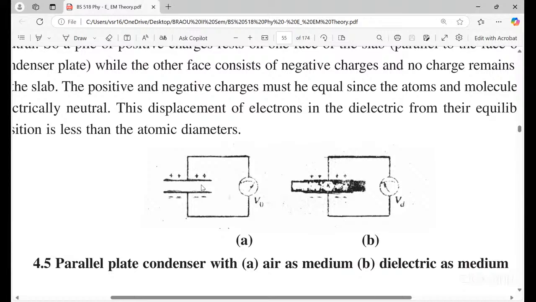Before placing the dielectric slab, and this is after placing the dielectric slab. Here this is V naught, the potential difference. Here VD is the potential difference if the dielectric slab is placed between the plates of the condenser. So you can see here.